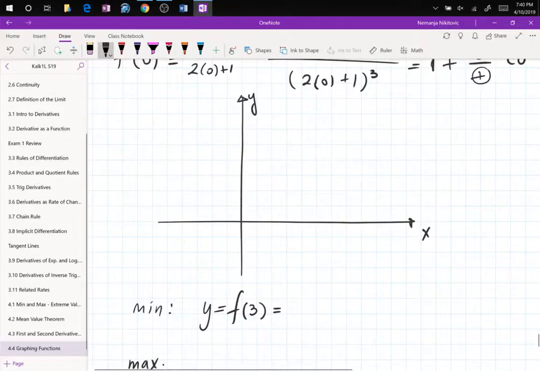Now the function is 3 squared plus 12 divided by 2 times 3 plus 1. That's 21 on top, divided by 7 on the bottom, equals 3. So we have 0.33.